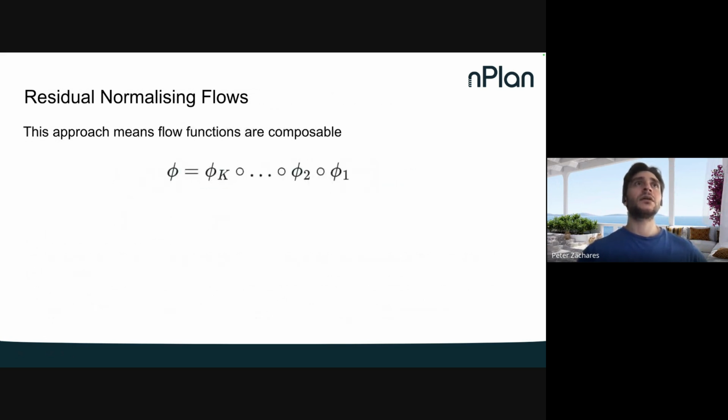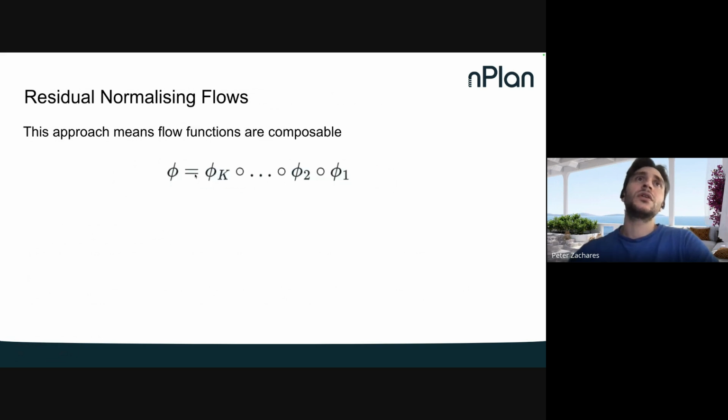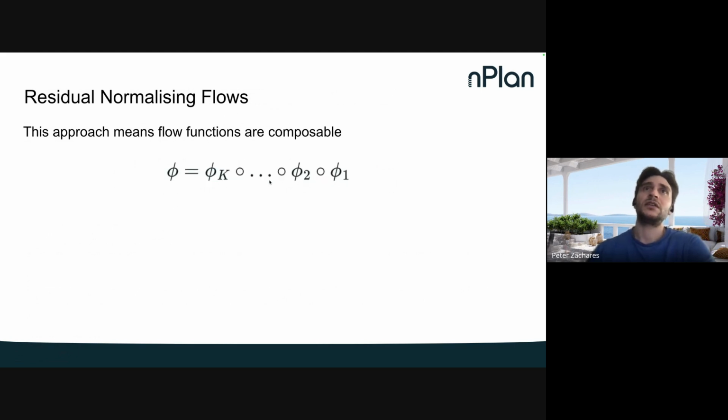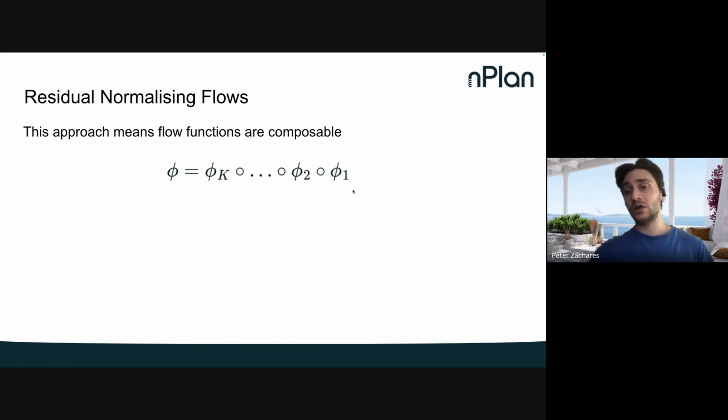There's also, for this approach to normalizing flows, a nice property, which is that flow functions are composable. So if all your flow functions look like this, then you can take all of them and add them together to create a new one, and you know that it also will be a normalizing flow function.